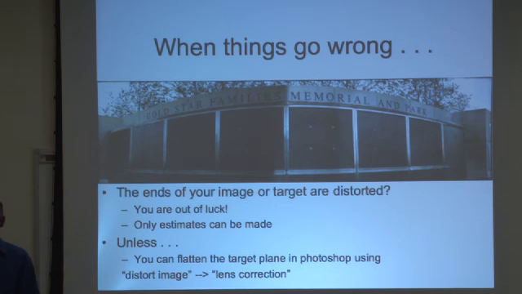Now, there are some things you could try to correct for. You could try, in theory at least, to take an image and correct it yourself. You can export an image into Photoshop, use the distort image tool, and there's a lens correction under it. You could try to erect a fake vertical plane from an image, but I haven't done that.